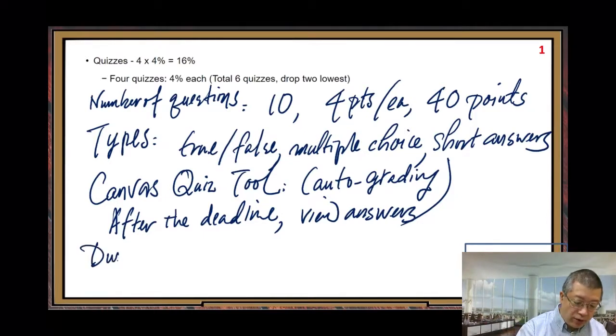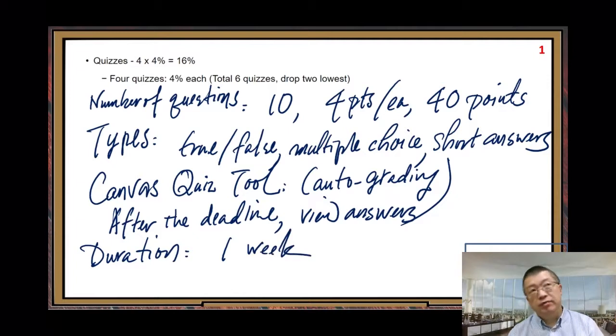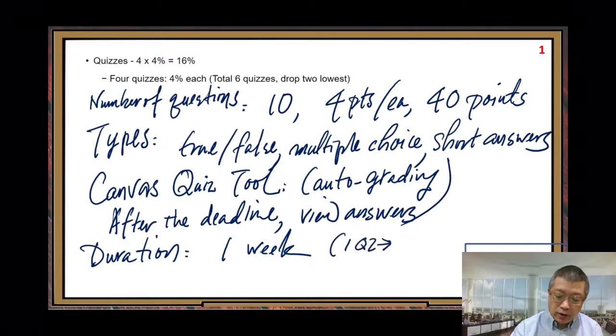Then duration. Another important information, duration of each quiz, 1 week. Reasonable long time, because you need to study the materials, right? Give you plenty of materials. So usually 1 quiz corresponds to 1 module, one quiz covers one module.